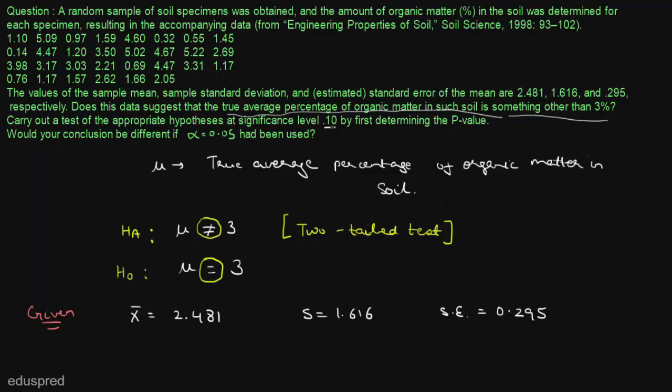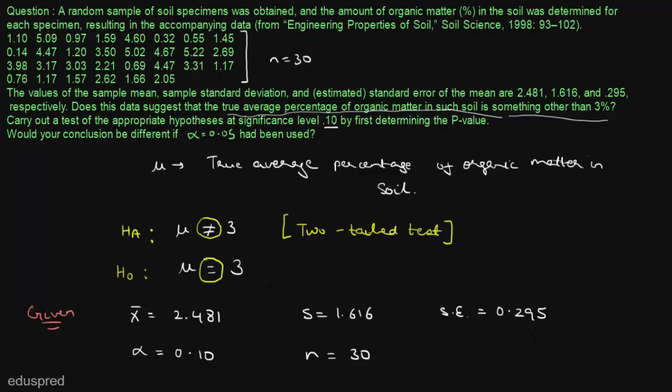And we are given that the significance level is 0.10. So alpha is equal to 0.10. And from here we can see that we have 30 observations in the data. So n is equal to 30. So this is the information that is given to us.